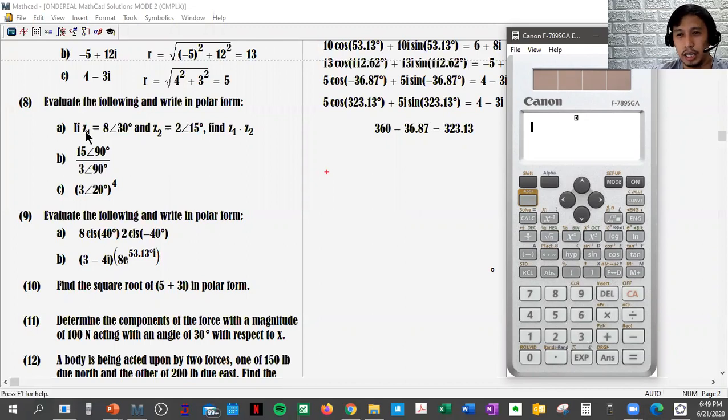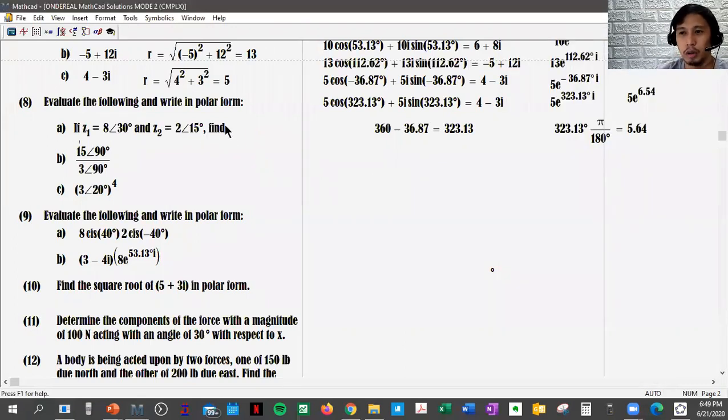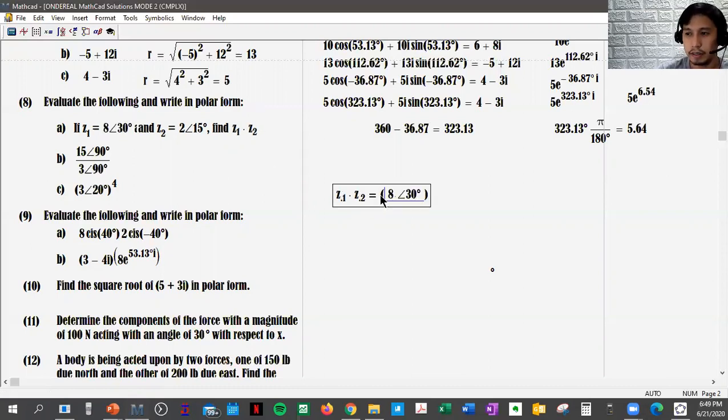Okay, z sub 1 is equal to 8 angle 30 degrees. Z sub 2 is equal to 2 angle 15 degrees. So if we are to evaluate z1 times z2, this should be equal to this times the other one. Now, its result, z1 times z2, is equal to this.